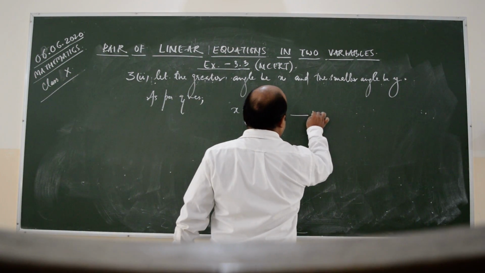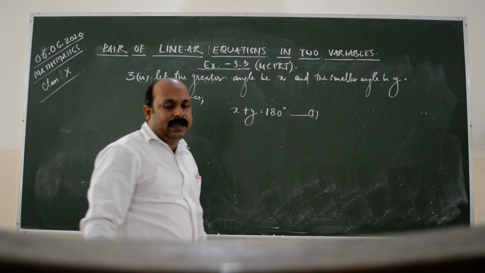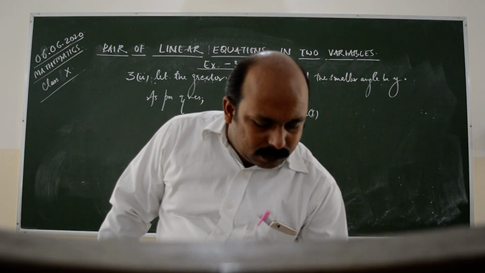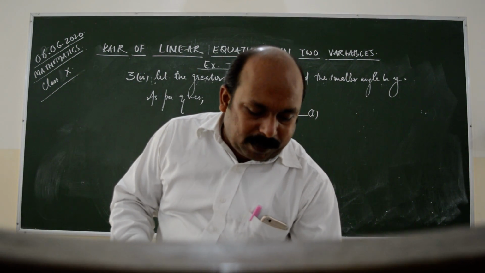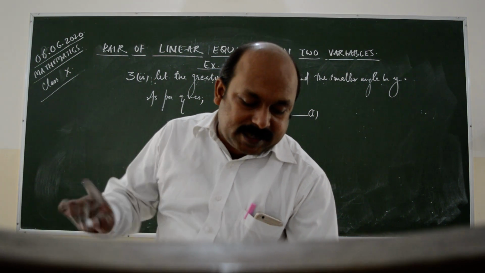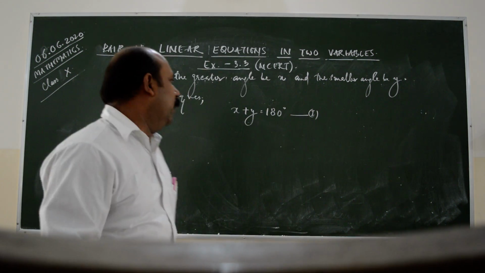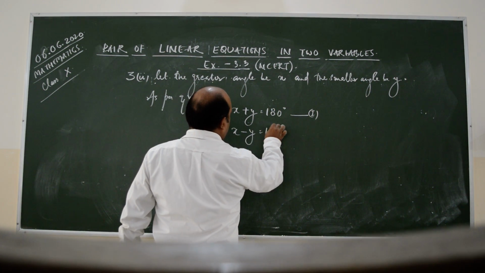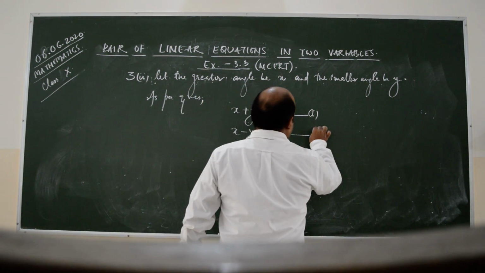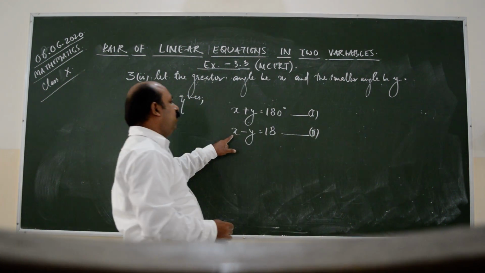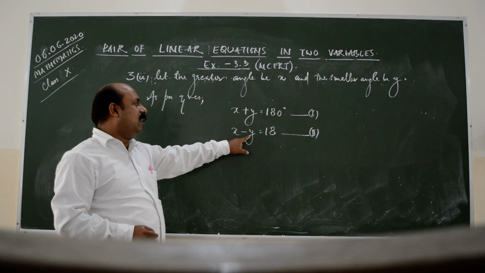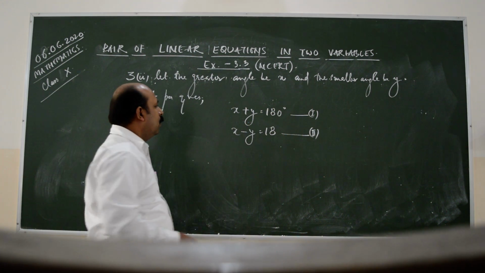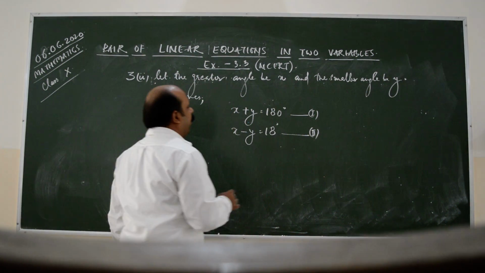This gives us the first equation. And the second condition is the larger of the two supplementary angles exceeds the smaller by 18 degrees. It means x minus y is equal to 18. So we need to find the values of x and y.